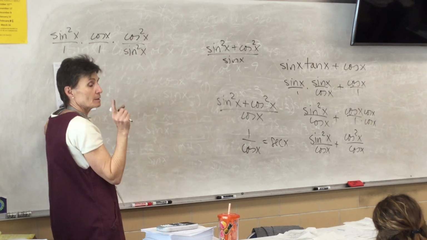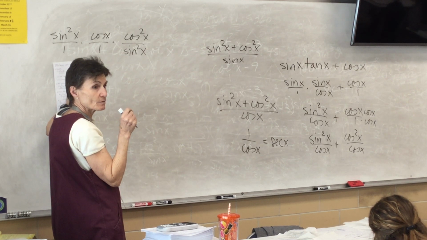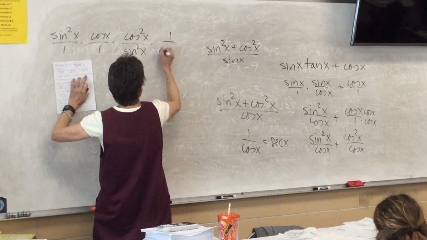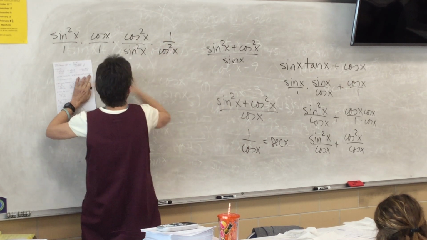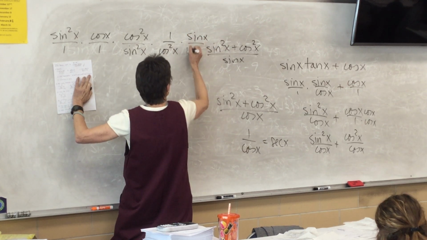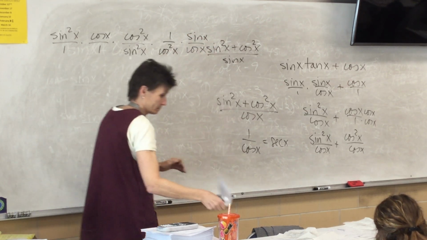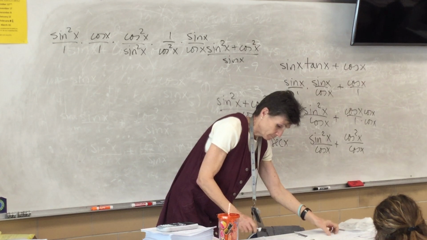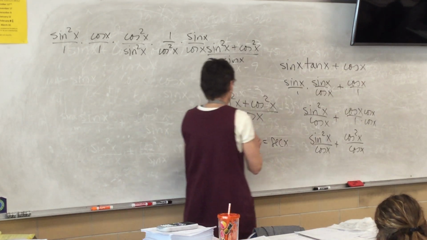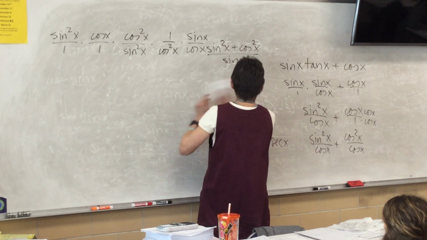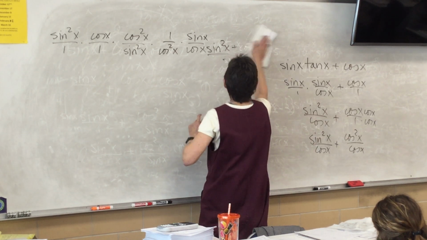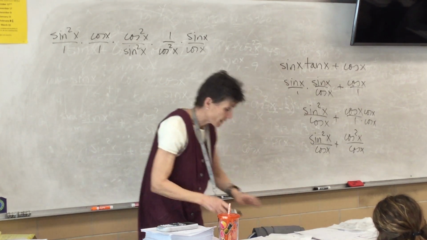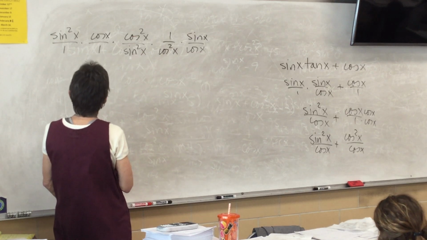Now, do you remember that cotangent is cosine over sine? So I changed that one. And then secant is 1 over cosine. And then tangent is sine over cosine. Now, because it is all times, you can start canceling things.